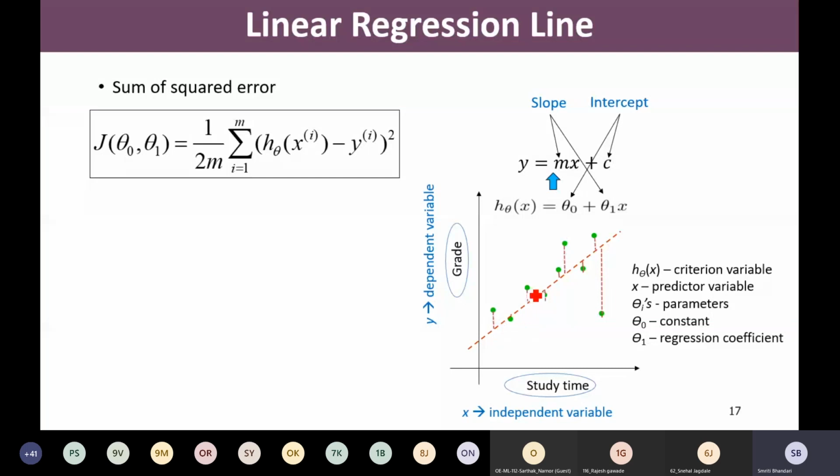So for every sample, whatever the error is, we are going to find out that error. How are we going to find out the error? We have defined the formula for that. h theta xi minus yi gives me the error with respect to ith sample, right? So I am computing the sum of squared error. So this is my error, and I will be computing the square of that error for every sample. How many samples? M samples.